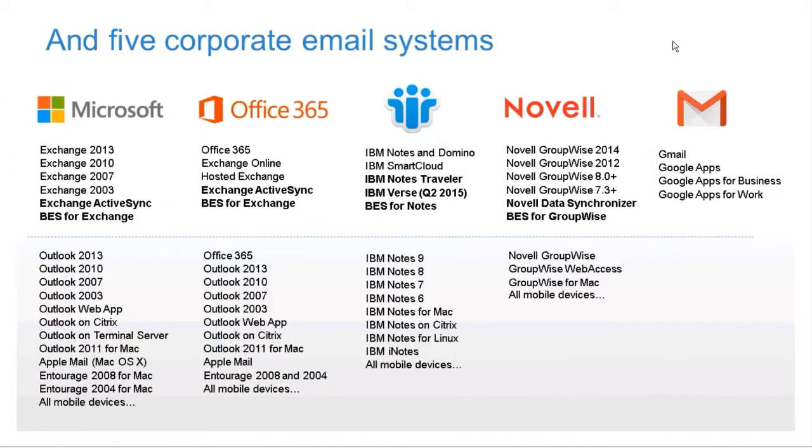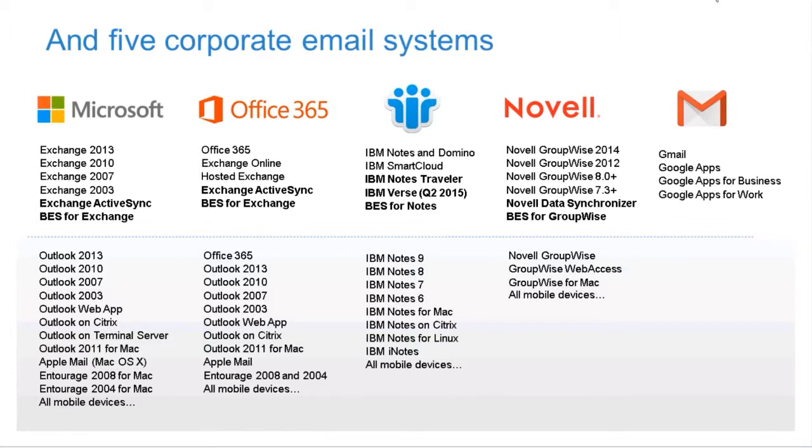So if you look at Microsoft Exchange 2003 through 2013, as well as Outlook clients 3 through 13, their web app, and we don't care if it's virtualized on Citrix or terminal services, as well as the Mac mail clients, Apple Mail, Entourage for Mac 04 and 08, as well as iCal, and again, also on the mobile devices.